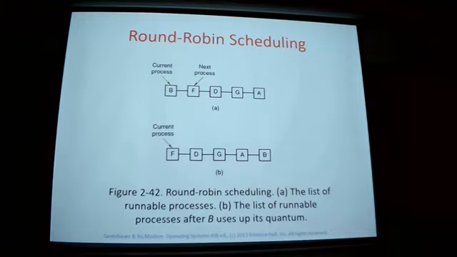And the reason is that the length of the quantum is bigger. So maybe we think that if we increase the time for the quantum, then the wasted time is smaller and the CPU utilization will be larger. But there is a problem.